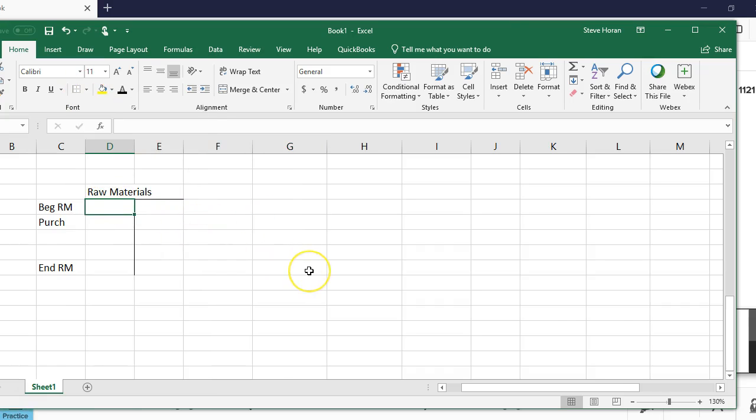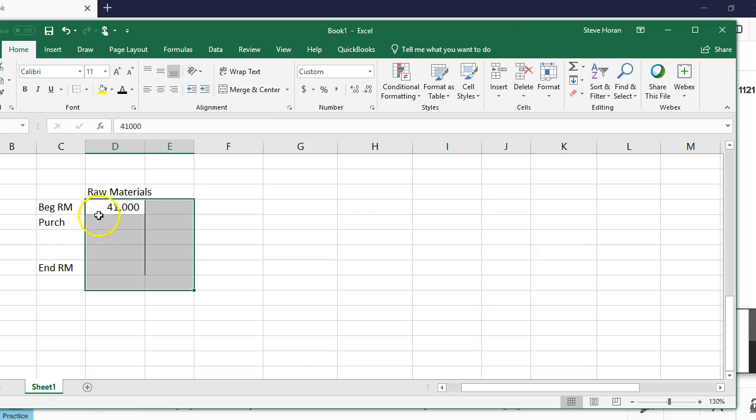Beginning given to us was 41,000. Then they told us that we bought 150, and we know the ending balance is 87. That was given to us. So all these things right here were given to us.